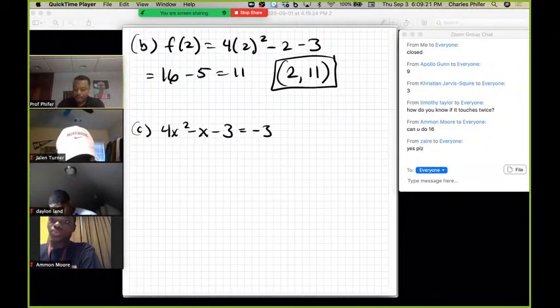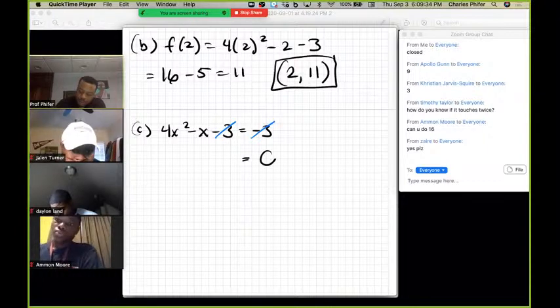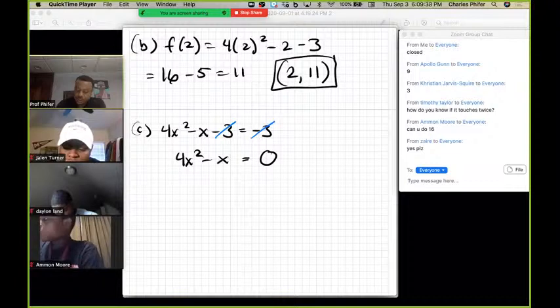Okay? So then if we solve, if I add 3 to both sides, I think they're gonna cancel each other out. On the right we would have 0. On the left, we're gonna have this 4x squared minus x. Notice it's already equal to 0. So we have a greatest common factor. We want to factor out the greatest common factor.